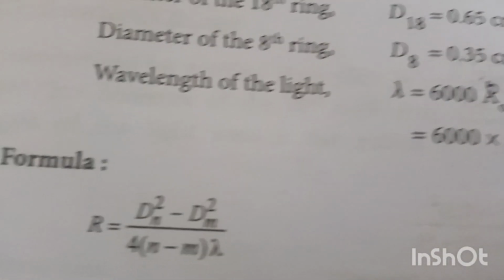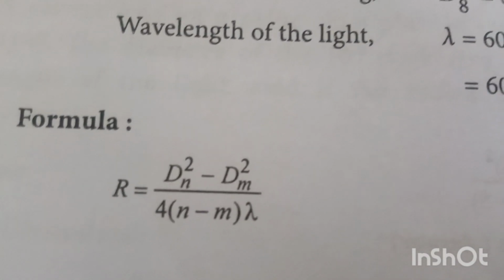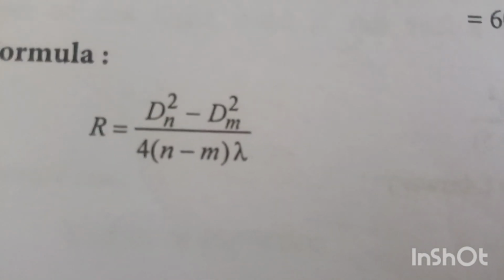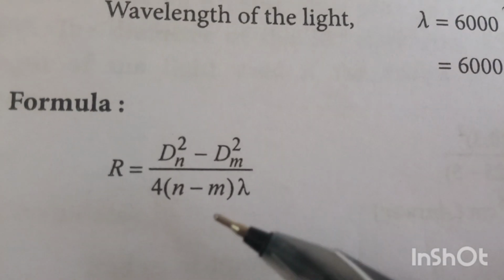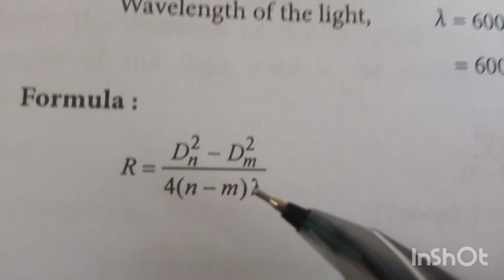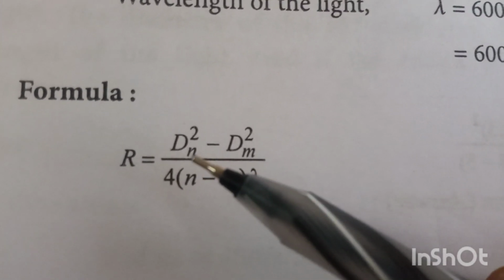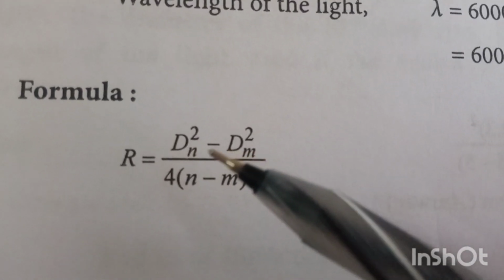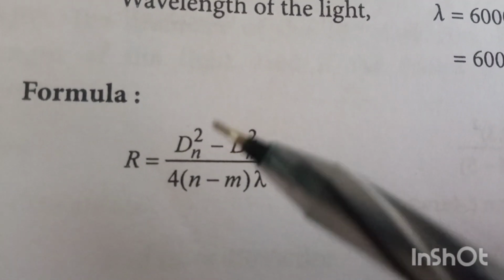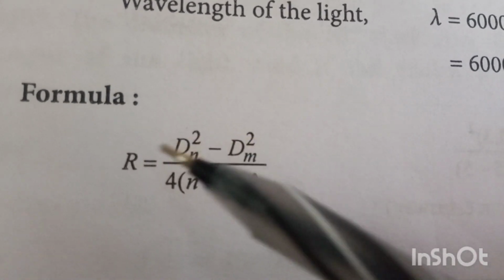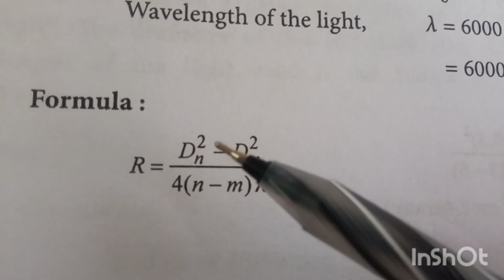Already we know the formula. The radius of curvature formula is R equals Dn square minus Dm square by 4 into (n minus m) into lambda. By using this formula you can calculate the R value, so you can substitute all the values.